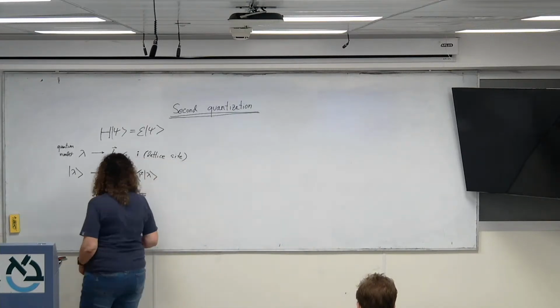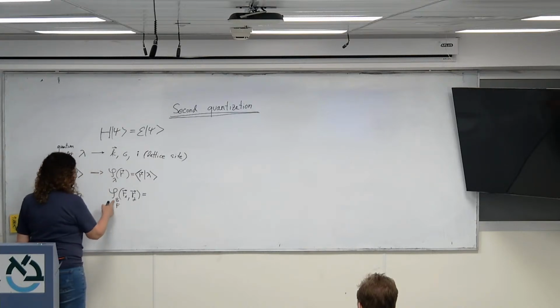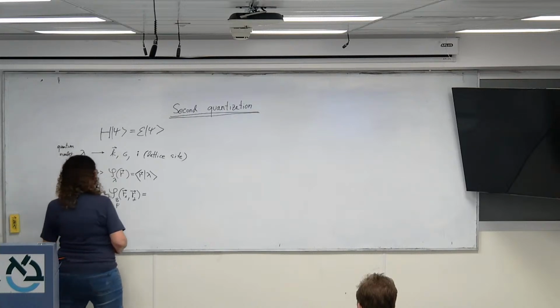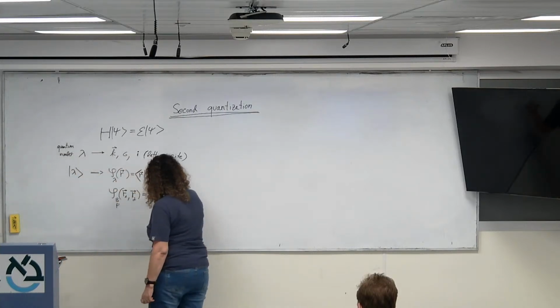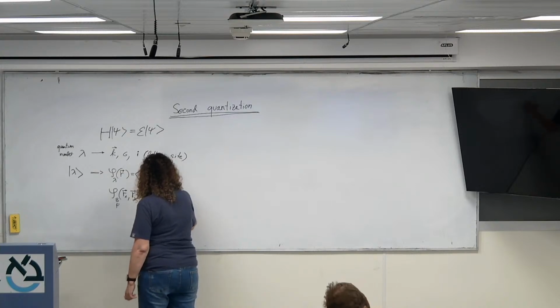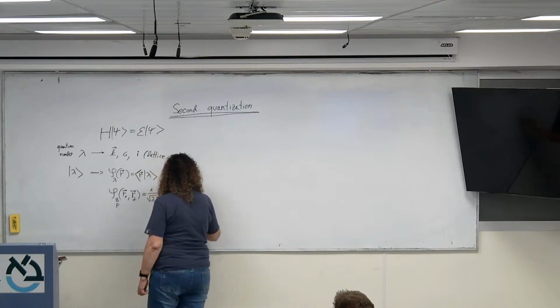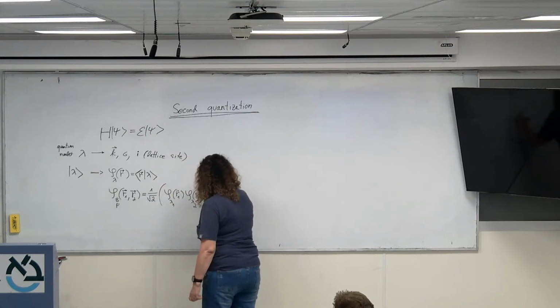So for identical particles, we have the following. Let me write the wave function of either bosons or fermions, up to some normalization factor: phi lambda 1 of R1, phi lambda 2 of R2, plus or minus the exchange term, where you exchange the roles of the 2 identical particles.